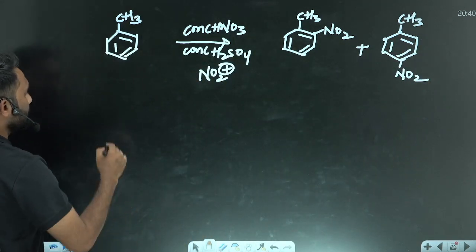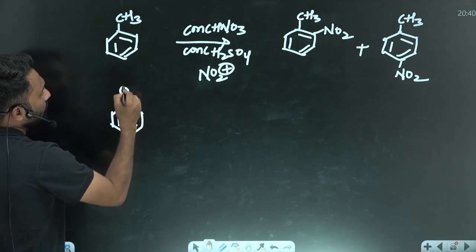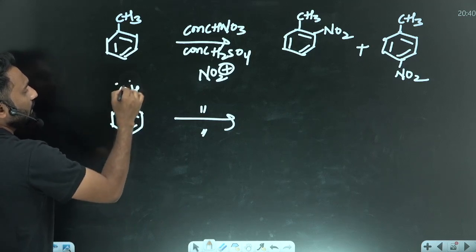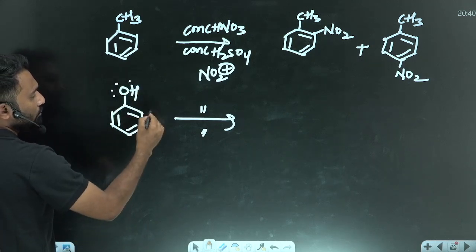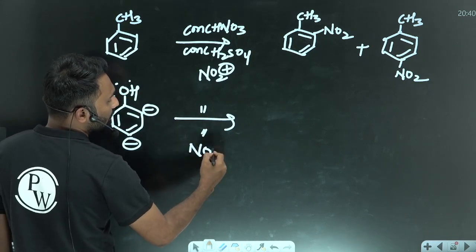Clear? Next, if phenol is given, phenol also will increase the electron density at the ortho and para positions. Here we get a negative charge. The electrophile we get is positive.